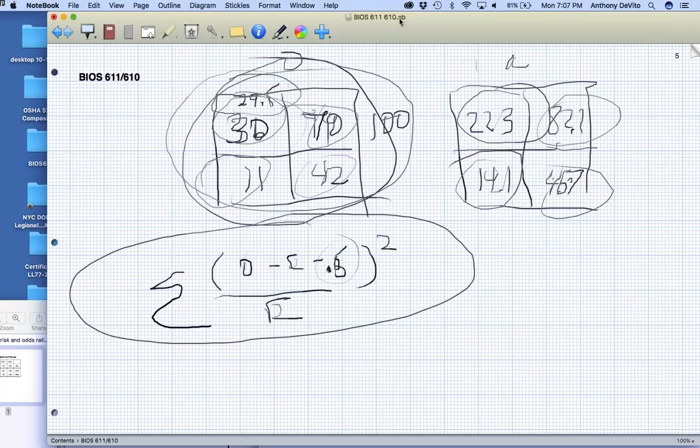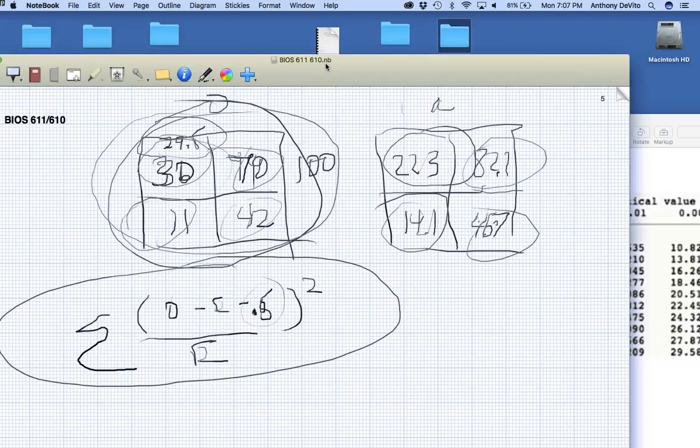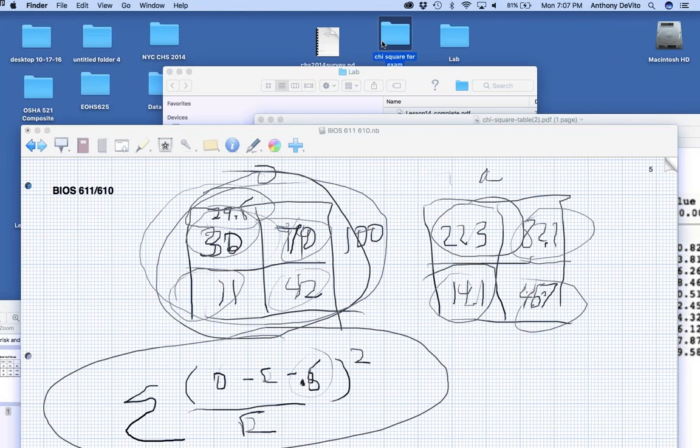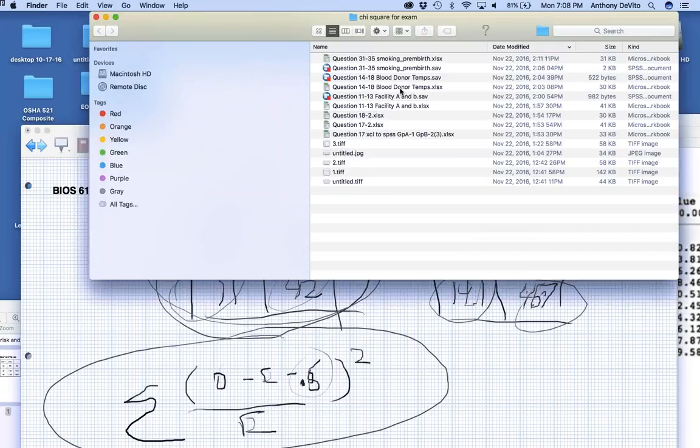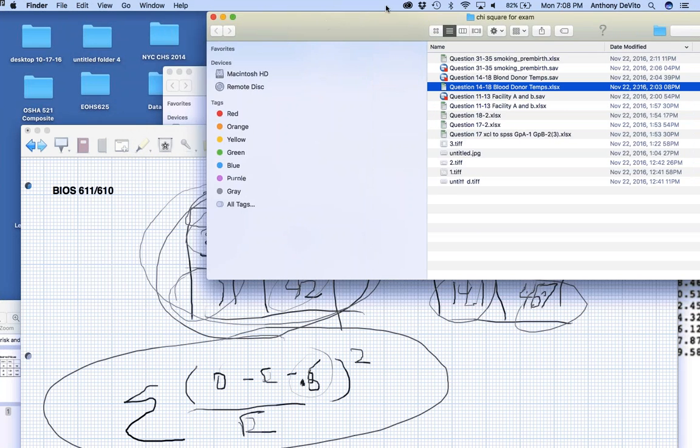Matter of fact, before we go back and take a look at this from another angle, let's actually do it using SPSS. Okay, and let me see if I have a data set I can use here. Nope, that's not what I want.